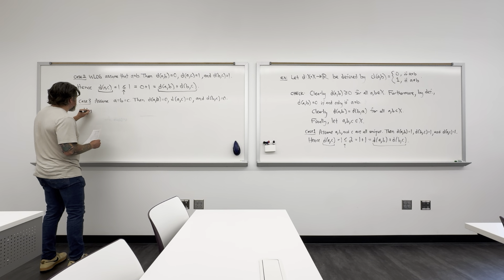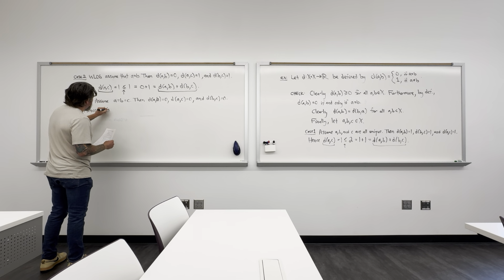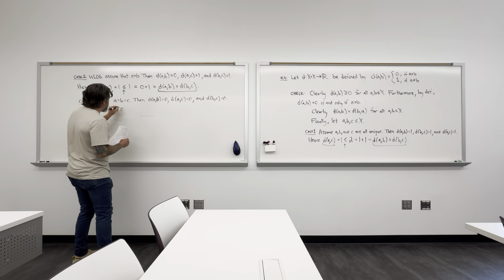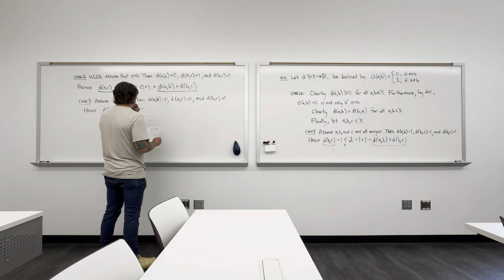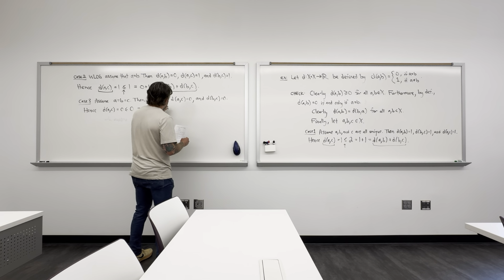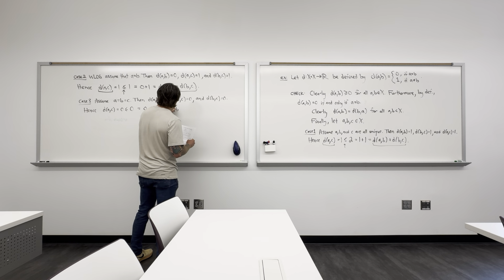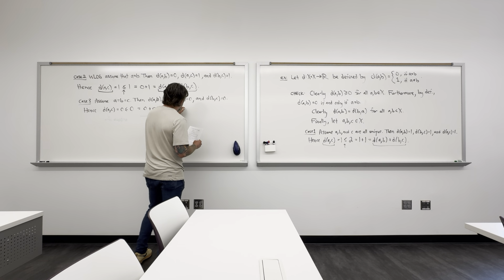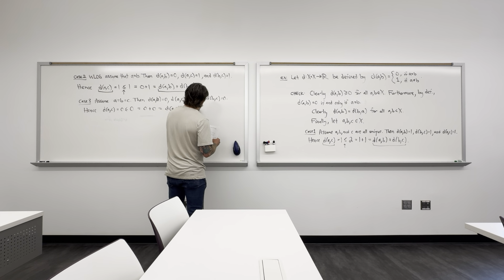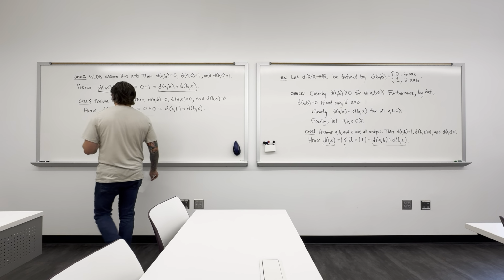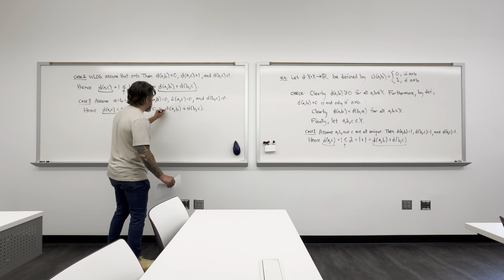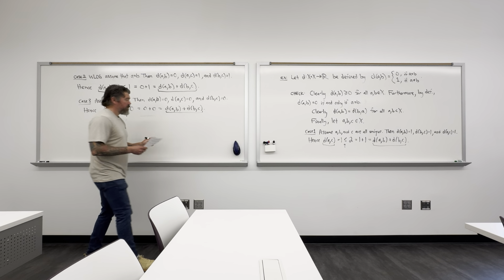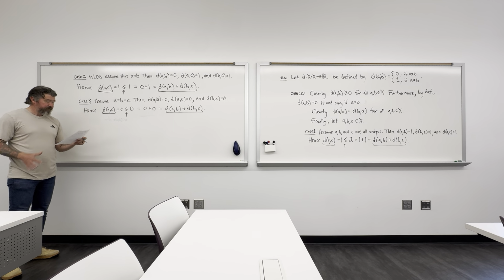Hence, d of AC, which equals 0, is less than or equal to 0, which is 0 plus 0, which is d of AB plus d of BC. So again, I've argued that this statement is less than or equal to this statement here.